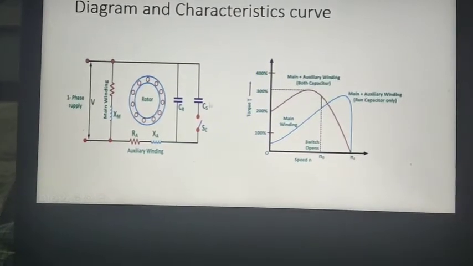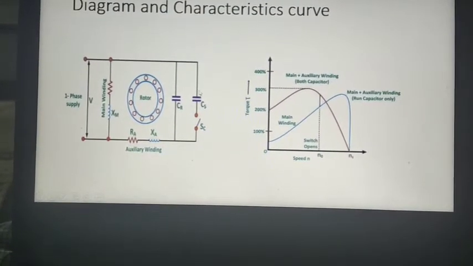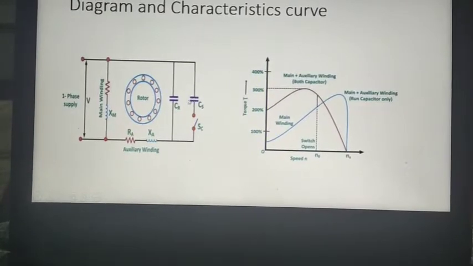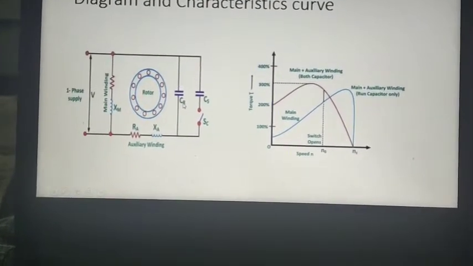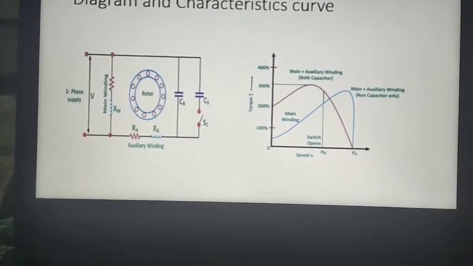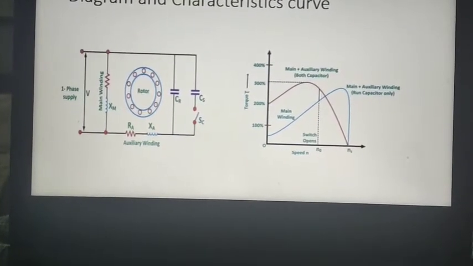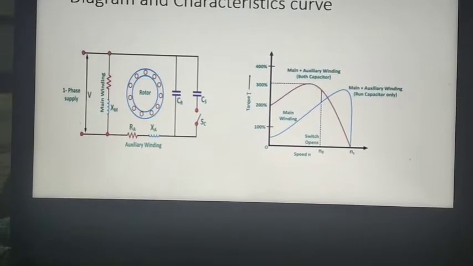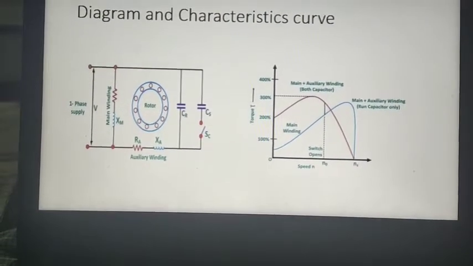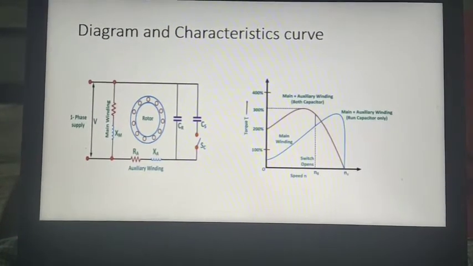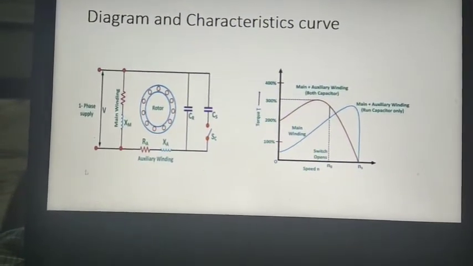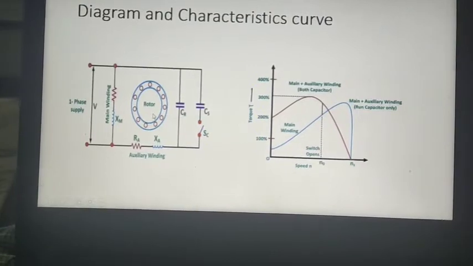So the CS, that is the starting capacitor, will be disconnected from the circuit and the running capacitor is always present in the circuit. Here we have the auxiliary winding, RA and XA is the combination of the auxiliary winding, and the main winding is RM and XM. So this is the main thing of our capacitor start and capacitor run motor.